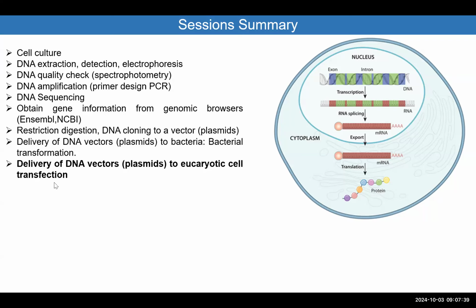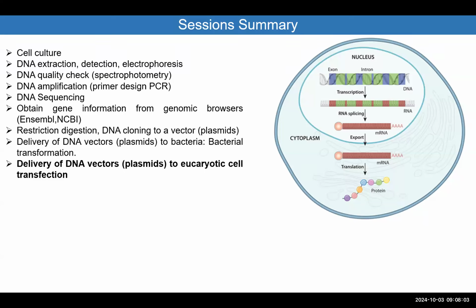Okay, so up till now, that's the roadmap, how I planned the sessions. In the first session, we discussed the cell culture. In the 3 sessions after that, we discussed how to extract DNA, detect it, run it on a gel, and check the quality of the DNA, if it's degraded or not.